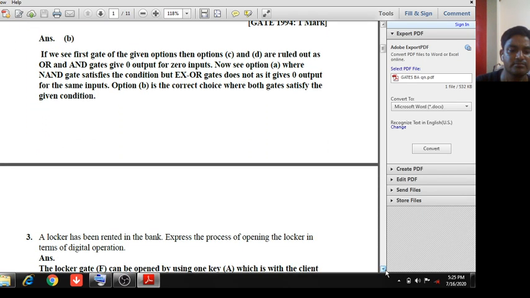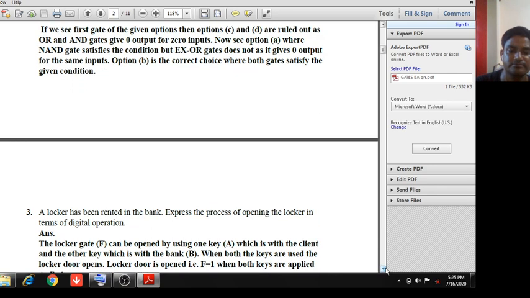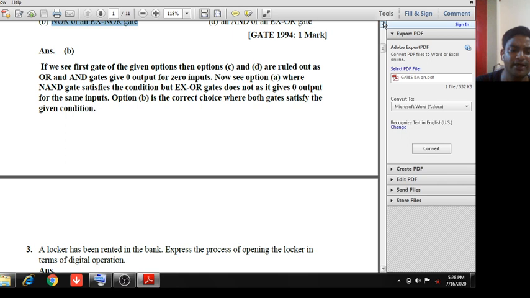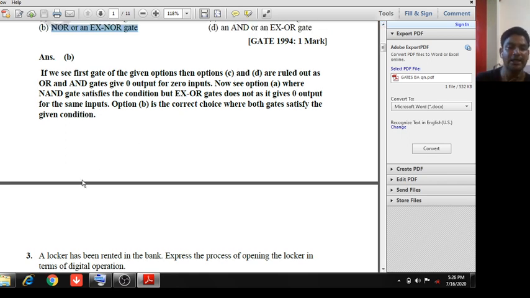Next, this is a very, very important question. In day-to-day life you can implement this. A locker has been rented in the bank. Express the process of opening the locker in terms of digital operation.